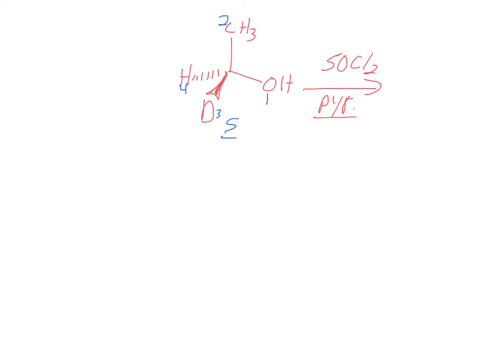Right? And it also inverts the stereochemistry. So the way to draw that, you don't need to change the wedges and hatches. But what you do need to do is put the chlorine on the other side, right? If this was leaving, the chlorine came from the back side, so now the chlorine's over here.